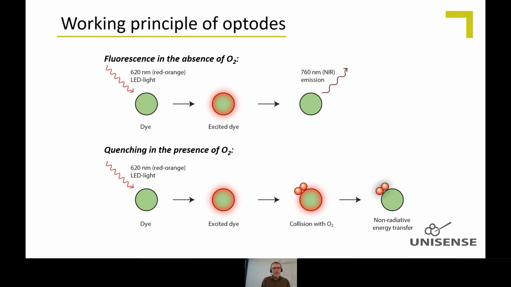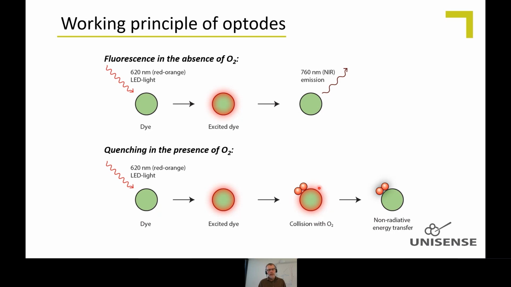The principle of this is that in the absence of oxygen, this dye here, if you excite it with a 620 nanometer red-orange light, it will go into an excited state and revert back to the non-excited state under the emission of fluorescent light.